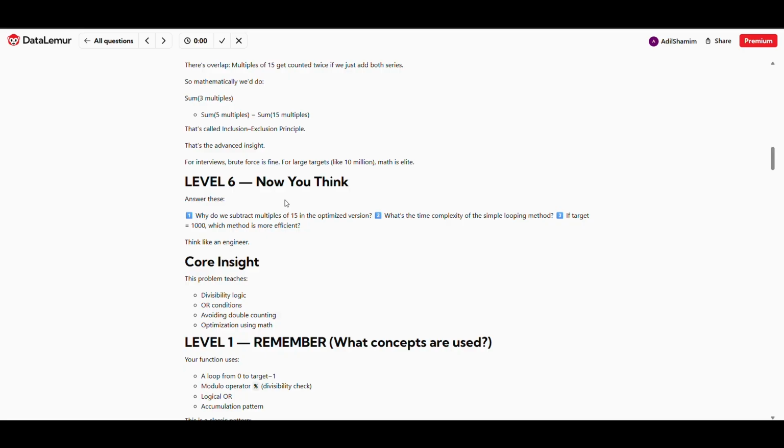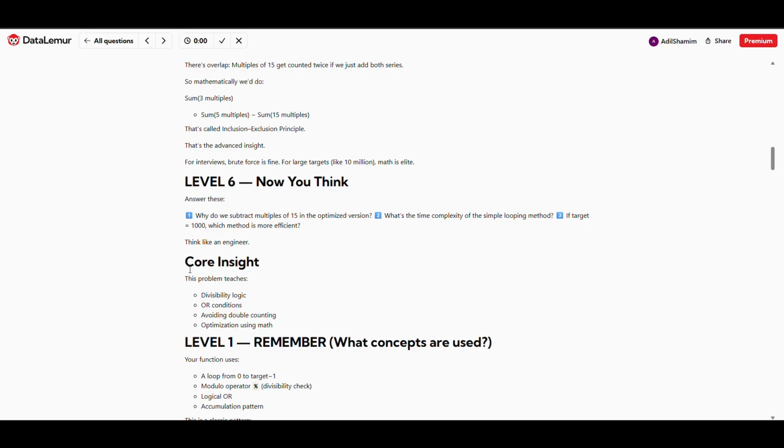Now you think about some questions. Why do we subtract the multiples at the end in the optimized version? What is the time complexity of the simple looping method? If the target is 100, is the method efficient? Think like an engineer. That question is hard. I sometimes can't solve it.